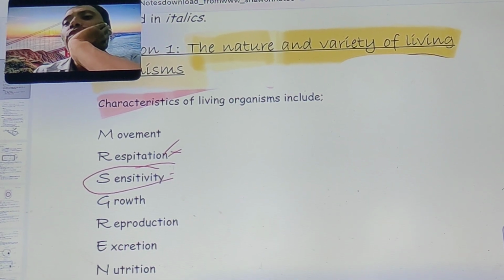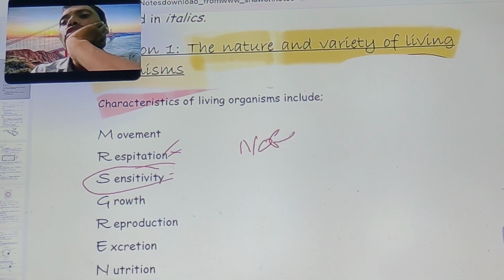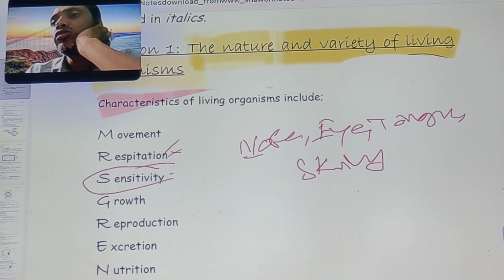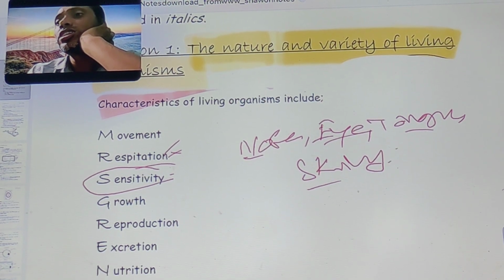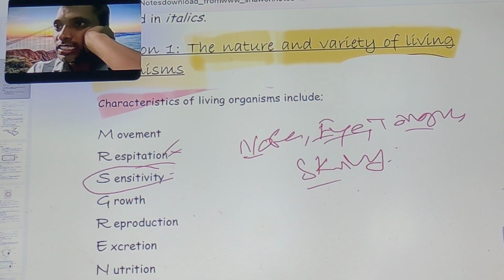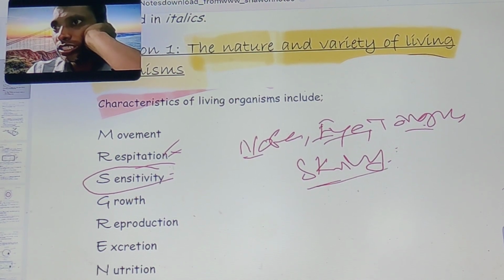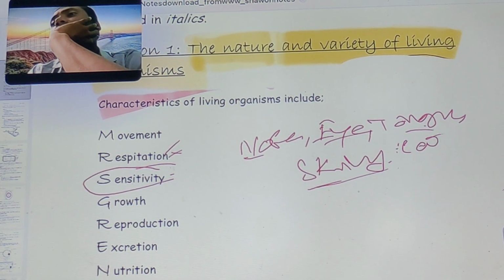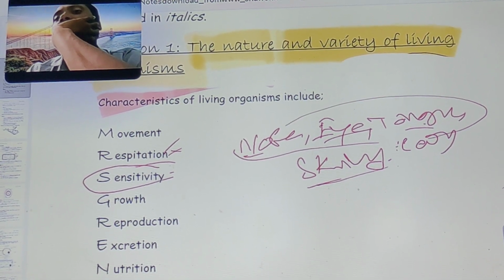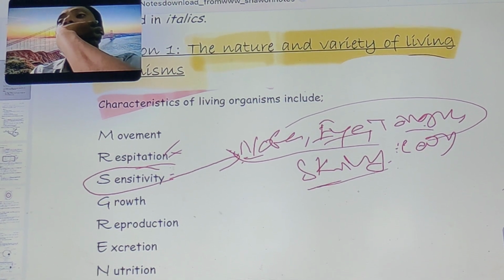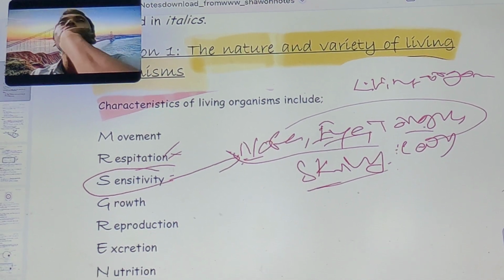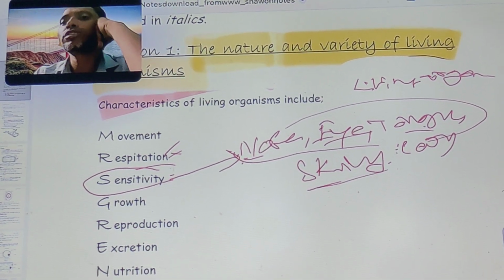There are five types of sense organs: the nose, eye, tongue, skin, and ear. The sense organs function in living organisms.